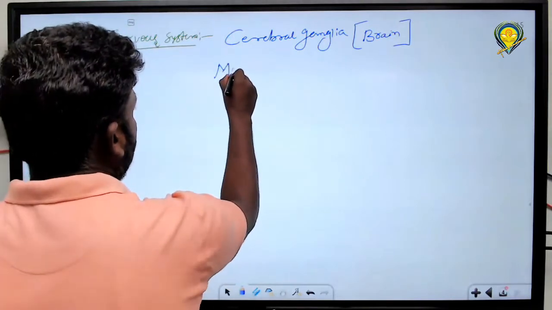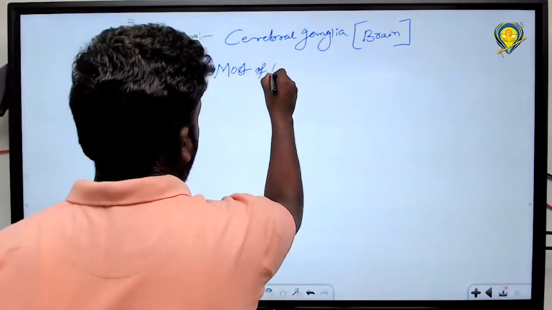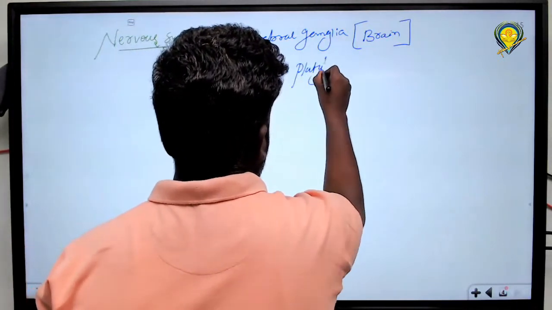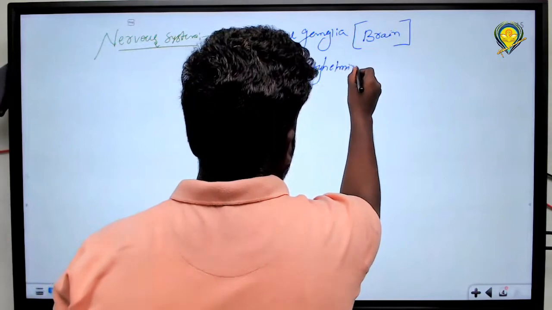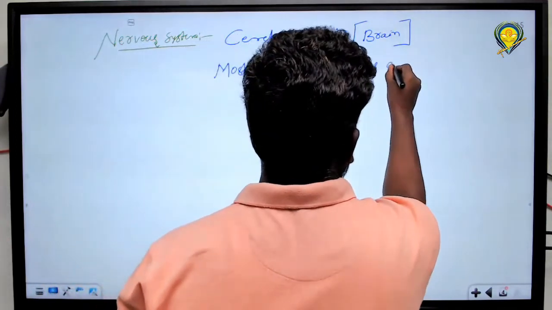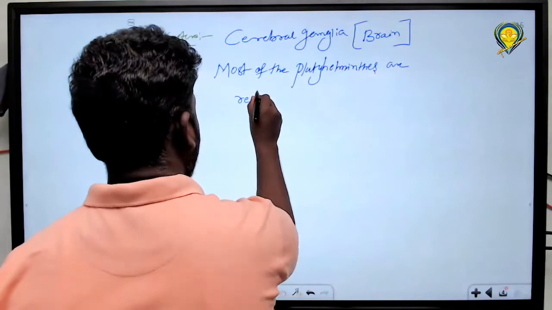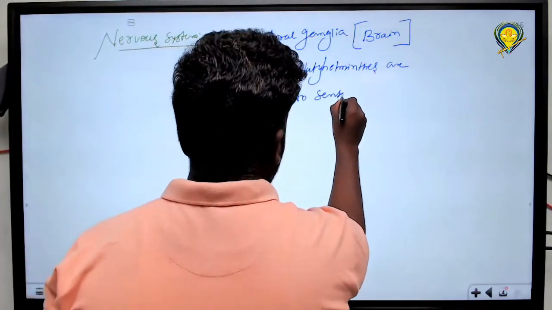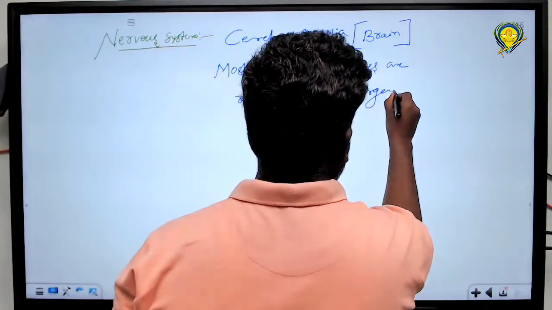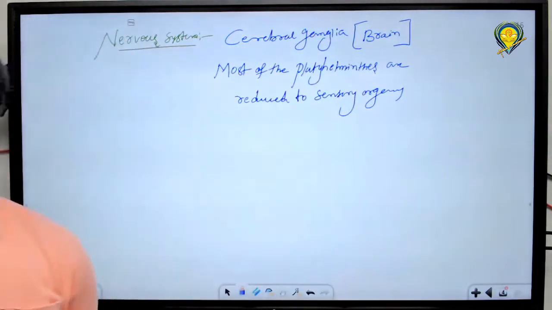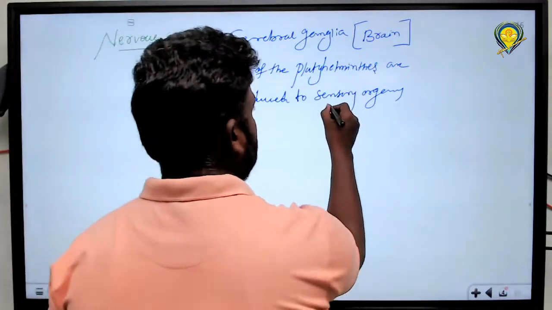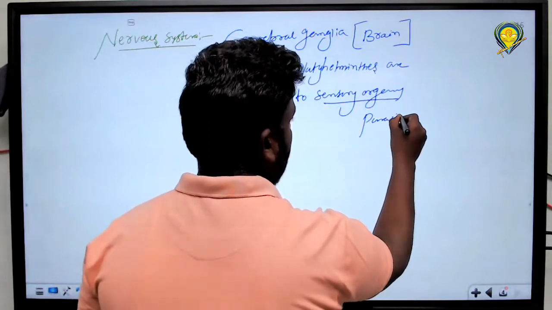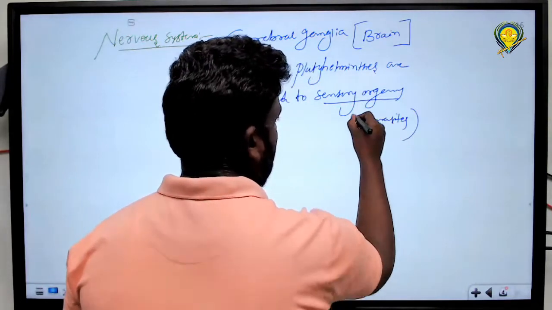Most of the Platyhelminthes are reduced to sensory organs. Sensory organs are present or absent? Absent almost, because of the parasitic mode of life.